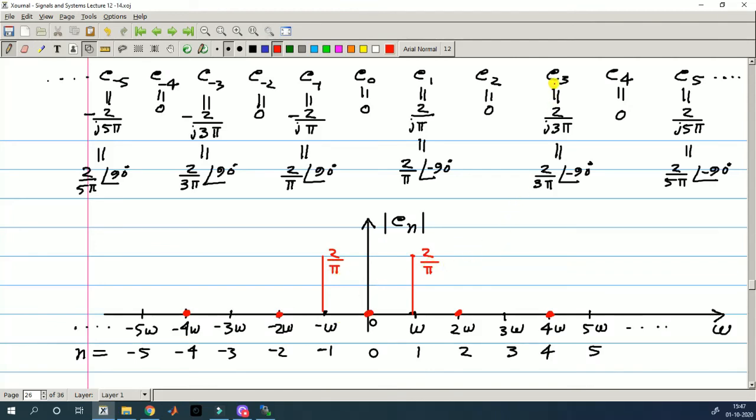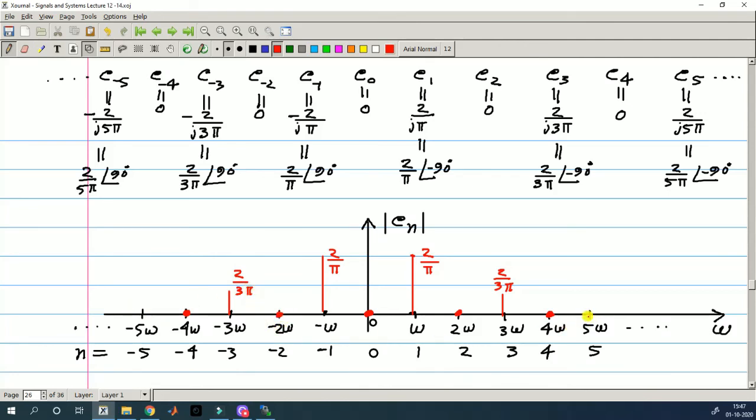In the same way, C3 has magnitude 2 by 3 pi. So here we will draw a shorter bar, a shorter line with height 2 by 3 pi. And C minus 3 also has the same magnitude. So here also another bar with the same height 2 by 3 pi.